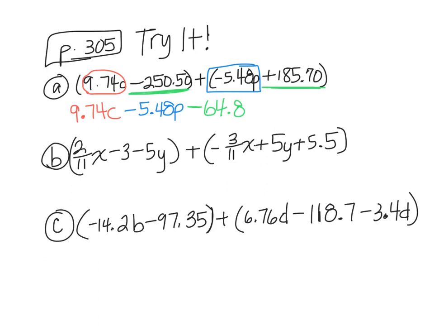So the term with C would come in front of the term with P. It doesn't matter as long as you have the correct sign, positive or negative, in front of those terms. But this is what you should get in your final expression, because the only two parts that you can combine are the two constant terms, the negative 250 and 50 hundredths, plus the 185 and 70 hundredths.